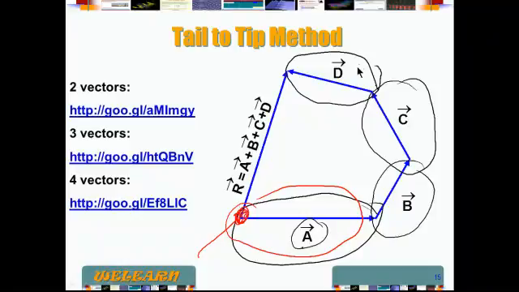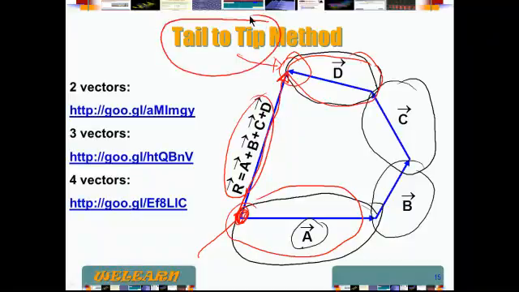The last vector in the sum is vector D, and this is its tip. So we join the tail of A to the tip of D by drawing an arrow. That's my vector sum, the vector R, joining the tail of the first to the tip of the last. That's why we call it the tail-to-tip method.